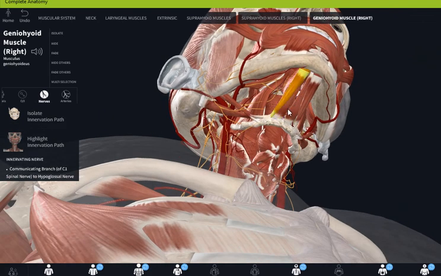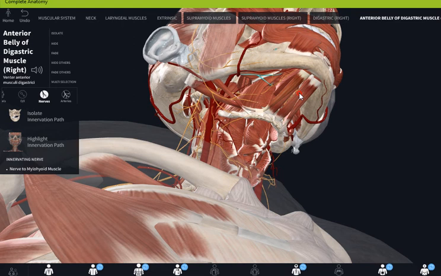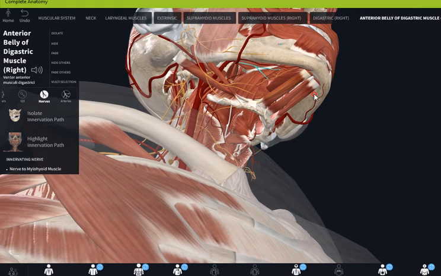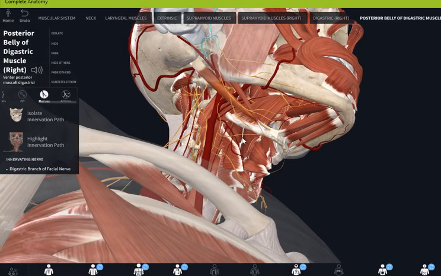So this other muscle here is the anterior belly of the digastric, and it receives from the nerve to the mylohyoid. So that same nerve of the mylohyoid is going to supply this anterior belly of the digastric. But the posterior belly of the digastric, which is located here, is supplied by the digastric branch of the facial nerve, but the anterior belly is supplied by the mylohyoid branch of the trigeminal nerve.